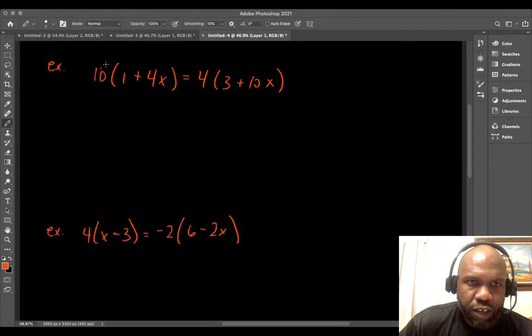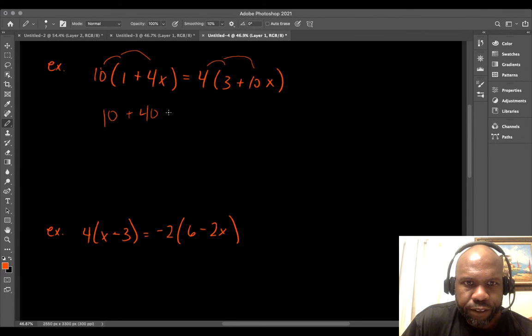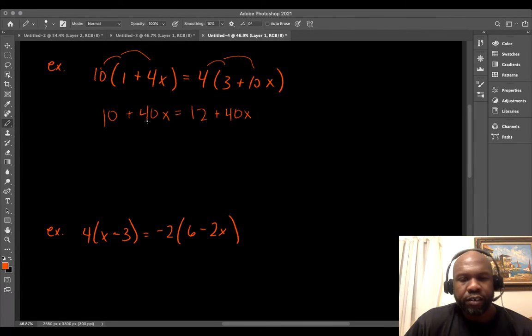Okay, so again, all I have to do is distribute my 10 to everything in the parenthesis, distribute my 4 to everything in the parenthesis. So again, I'm going to get 10 plus 40x, okay, equals, and then we have 12 plus 40x. Okay, boom, done.